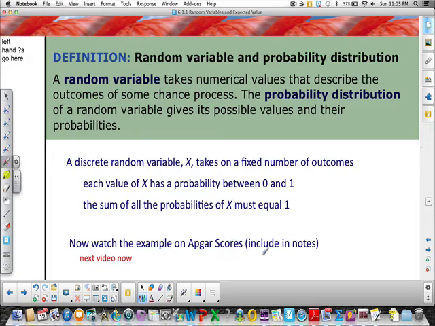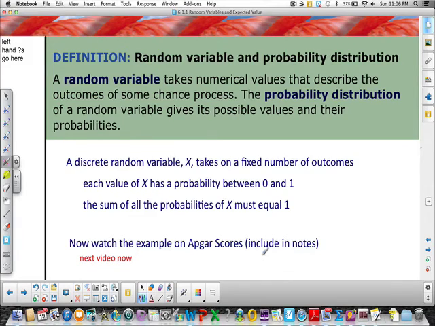We're defining all of those outcomes as a random variable. The only thing is they have to be numerical values, or quantitative. I can't say what's the probability of being red and define x as being the random variable red. I can only define x as a random variable that takes on quantitative values.